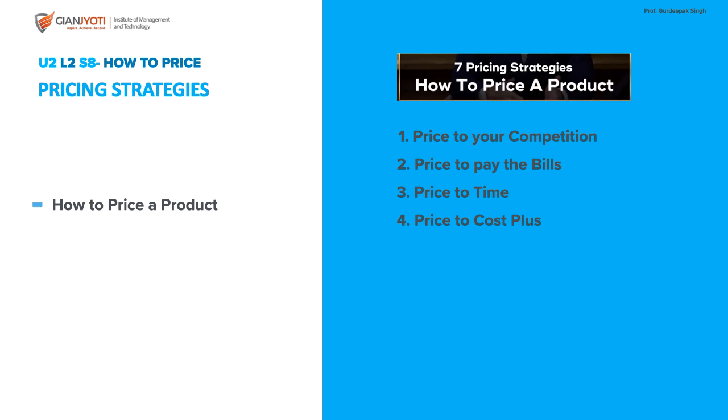Now that conflict of interest is not there because your objective is the same, to save on time and to save on cost. So that is why I say price to cost plus is being used, and it's a good strategy, but it has certain negative things in it.